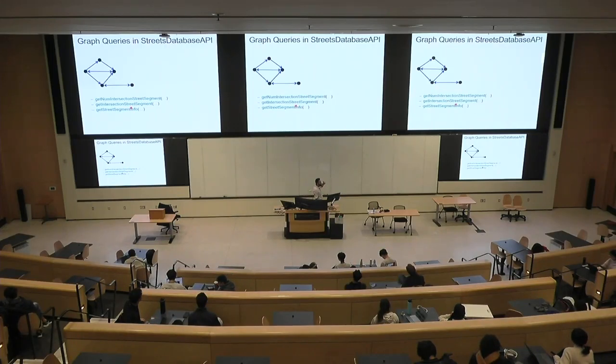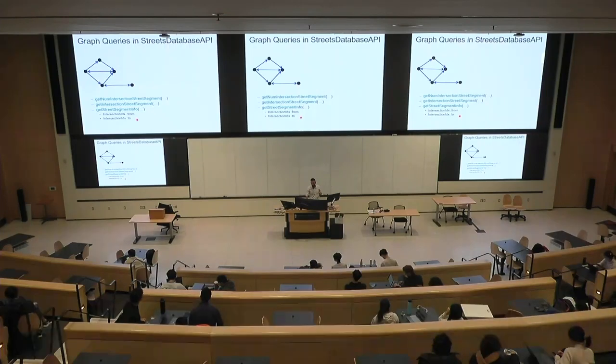So if you know the number of street segments, now you want to look at the data associated with them. This data is stored in what we call StreetSegmentInfo, which is a struct or a class that we represent in the Street Database API. It has 3 members: the from index, the intersection index that represents the end point of the street segment, and a Boolean that tells you whether it is a one-way or not.